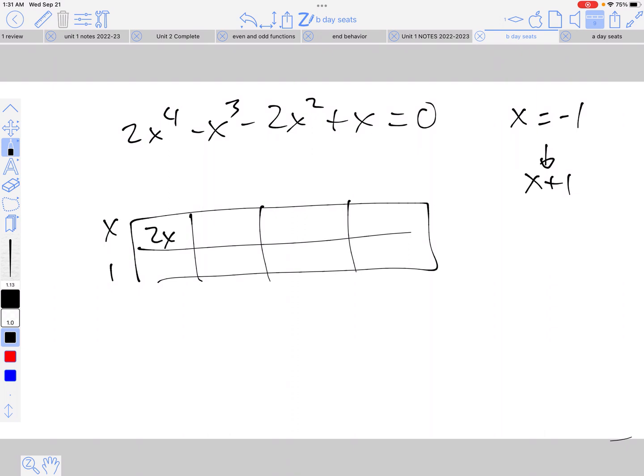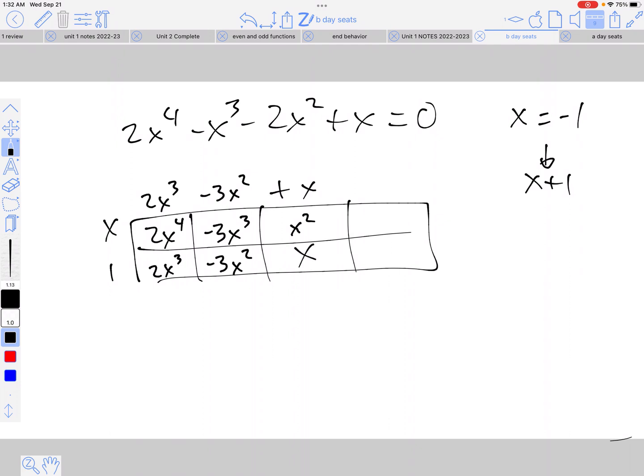Those multiply. Here I have 2x cubed. I'm going to go kind of quick on this one. And that will give me, but I didn't want -3, so I'm going to put an x squared there, right?